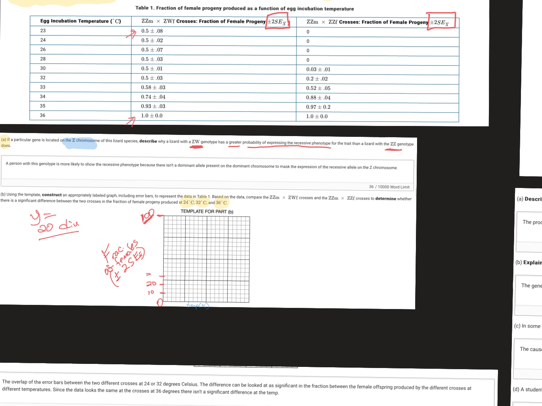This is 30%. This is 40%. This is 50%. This is 60%. This is 70%. This is 80%. It's 90%, and of course that's 100.